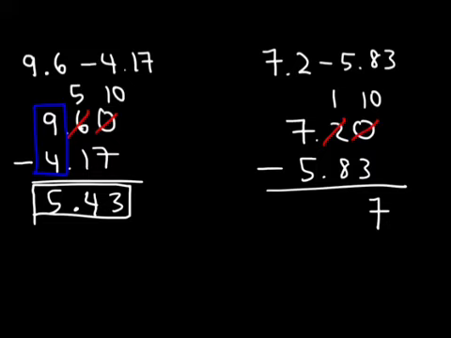And then we can't do 1 minus 8. So we need to borrow a 1 from the 7, making that a 6. Transferring the 1 to the 1 becomes 11. So 11 minus 8 is 3. And finally, for the last one, we have 6 minus 5, which is 1. So the final answer for the third example in this series is 1.37.